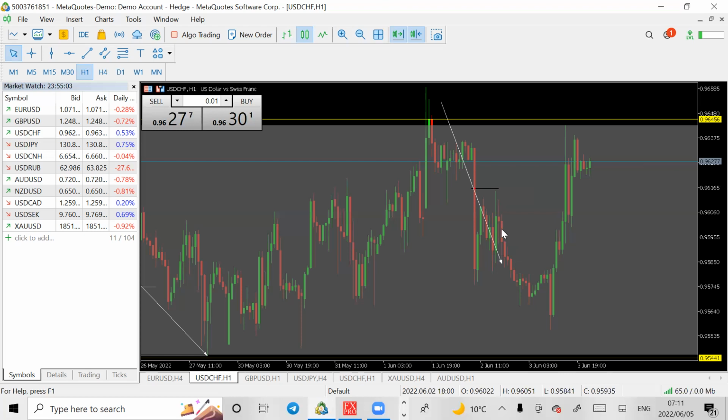Let me also mark the last low which got taken out. Definitely there was intent of a reversal. When the market made this lower high, it made a lower low, but when it came here to retest the order block within the lower high, it failed to make a new lower low, right?